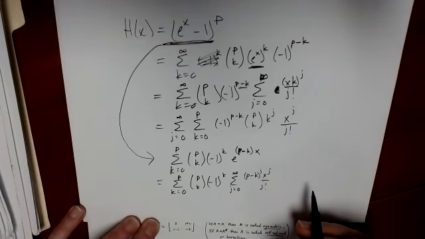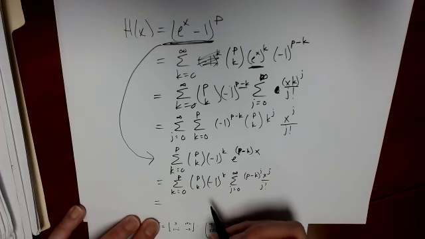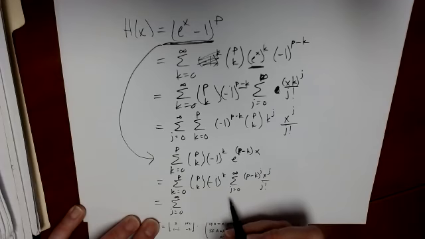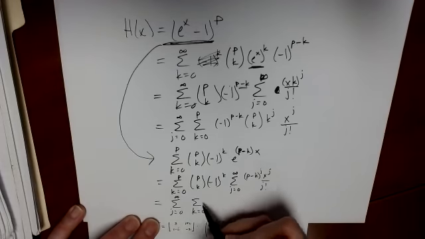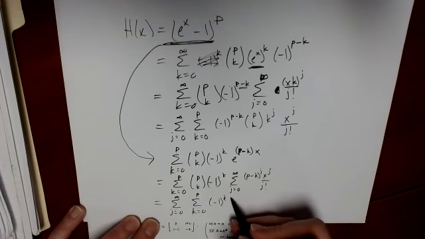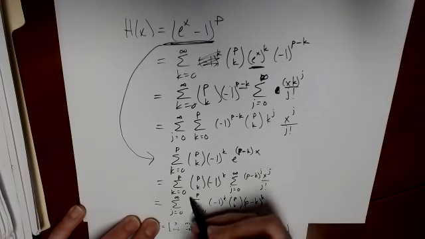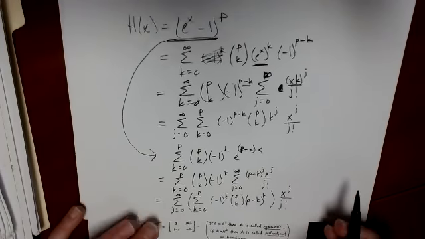And so then if I swap that out, I get the sum as j goes from 0 to infinity of the sum as k goes from 0 to p of (-1)^k, p choose k, (p-k)^j, and then that times x^j over j factorial.